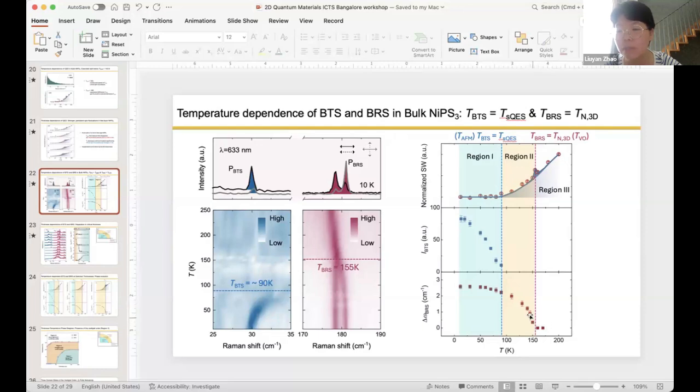The stronger the pinning field, the more rounded this corner would be. In our case, given the data shows quite a nice order parameter kind of onset, I would say the pinning field is present, but its impact on the physics is not as big. That's my understanding. Okay, thank you.